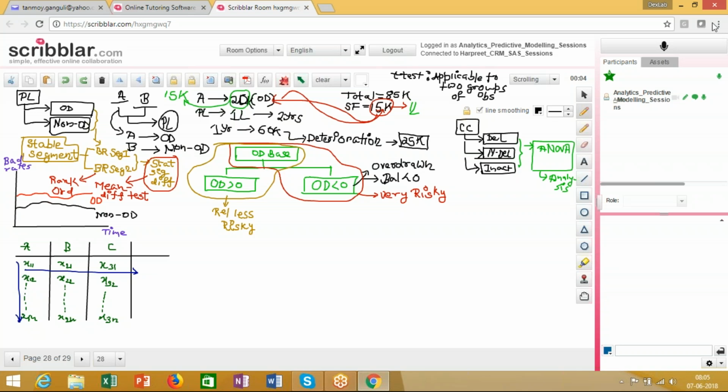We need to understand that the bad rates across the segments are significantly different, and that they are significantly different over all points of time. So it must satisfy the significant difference in the mean across the segments, as well as the rank ordering. This is to assess the stability of segments; assessing segmentation is one very important area where this method comes into play.